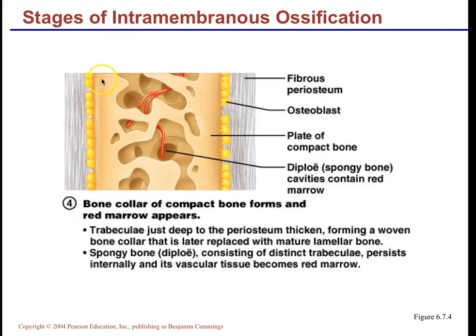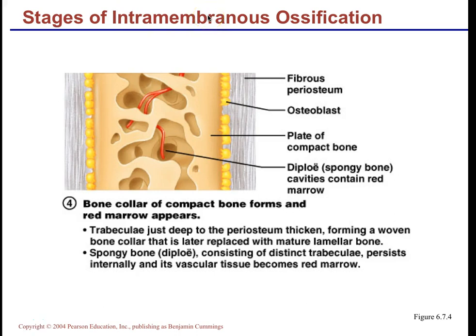But in the end, the interesting thing about the compact bone in flat bones is you just have the two surfaces of the compact and the inner surface of the spongy, and it's called intramembranous. Why intramembranous?